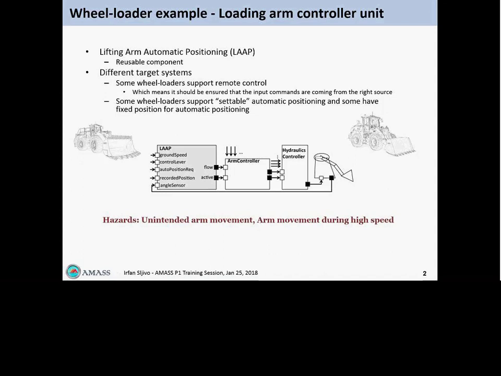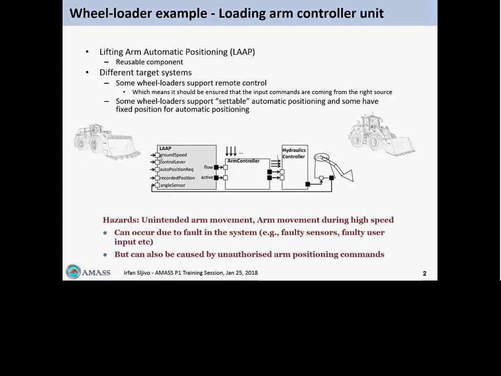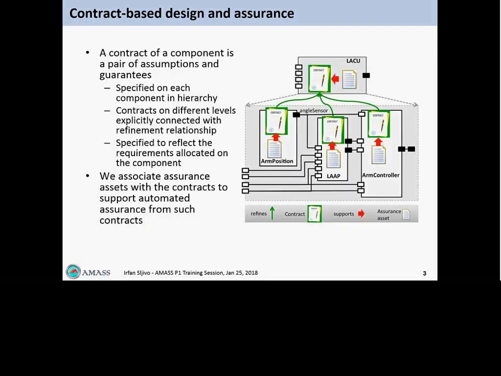So if we have wrong ground speed, then it can be a problem also. These can happen due to faults in the system, but they can also happen due to unauthorized positioning commands.